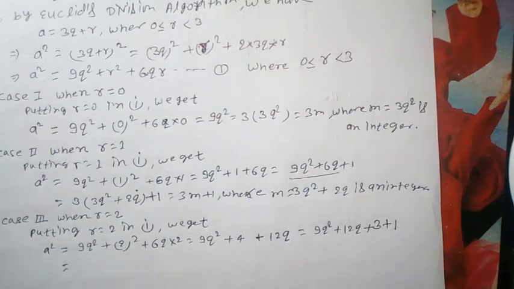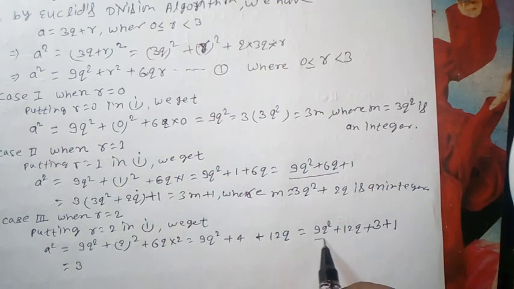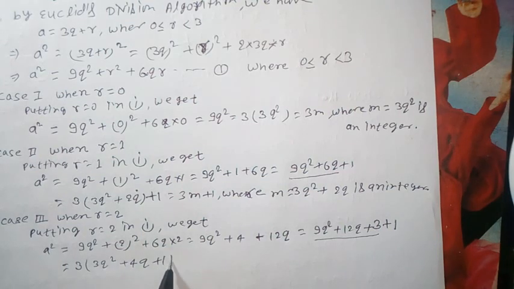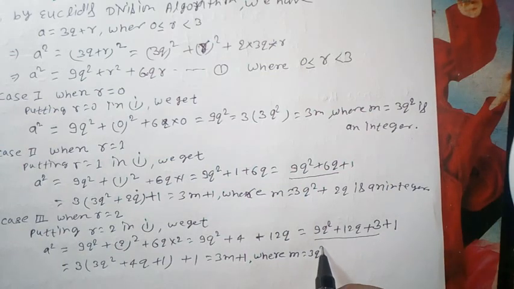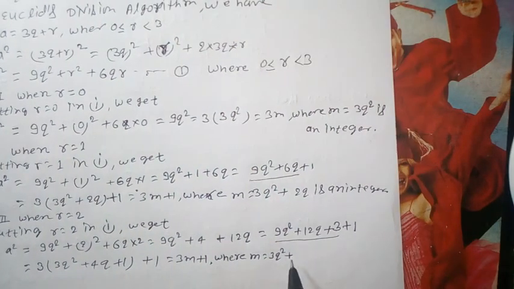We take 3 common in these terms, then we get 3q square plus 4q plus 1, is equal to 3m plus 1, where m is equal to 3q square plus 4q plus 1 is an integer.